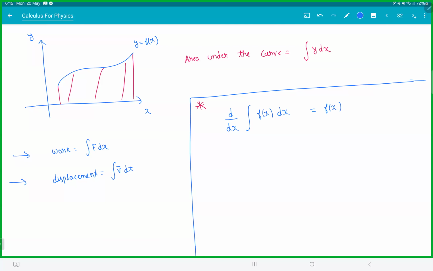If you add all the parts and then break it again, you will get the individual parts again, isn't it? So differentiation is basically breaking into thin parts and integration is adding all those parts. If you do both together, we'll get the function back. So when we differentiate an integral, we get the function back.